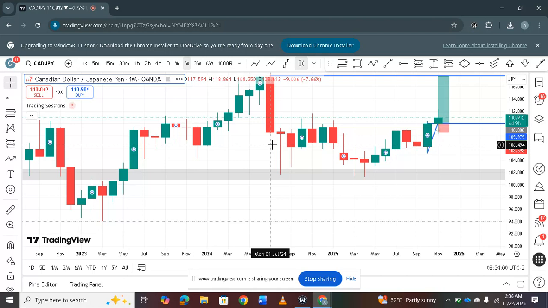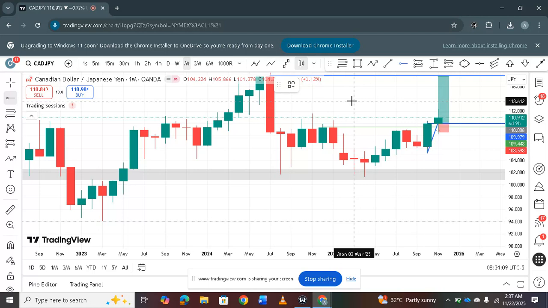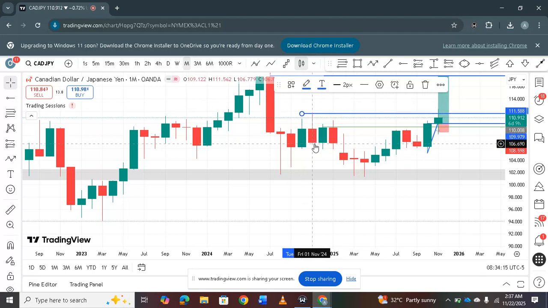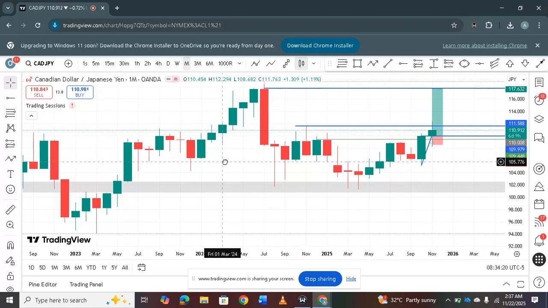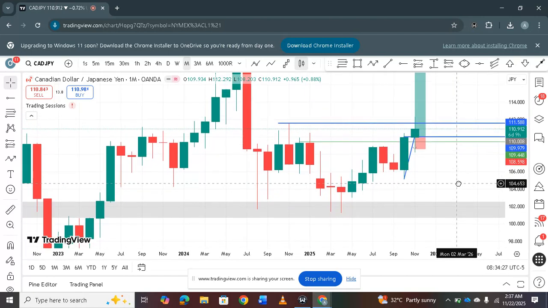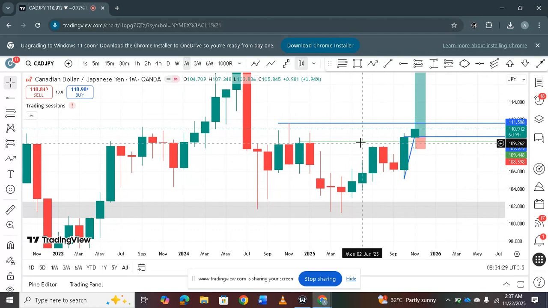And if you look here on the monthly also, you also discover with me that the market has, okay, I'm just saying something here now. That's why it's always good to, okay.